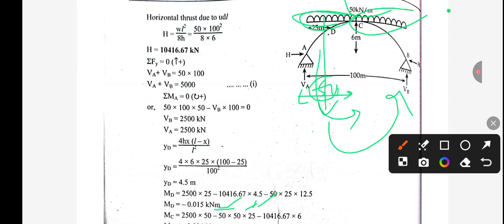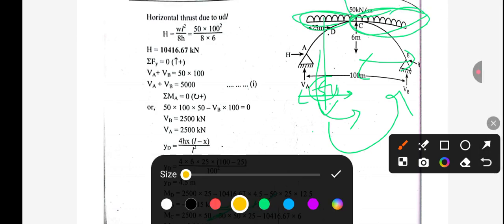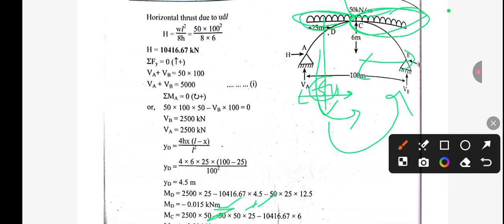Similarly, for this right portion we need to calculate the moment for this section, and this value will also be similar, w into length, so it means 50.